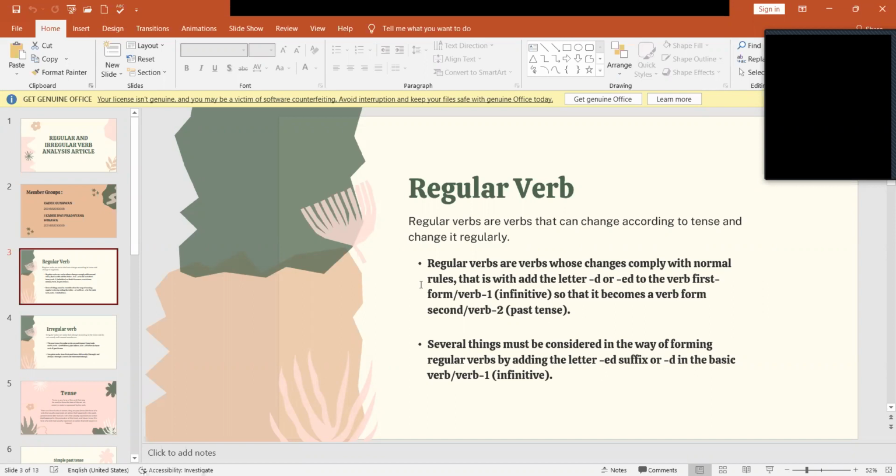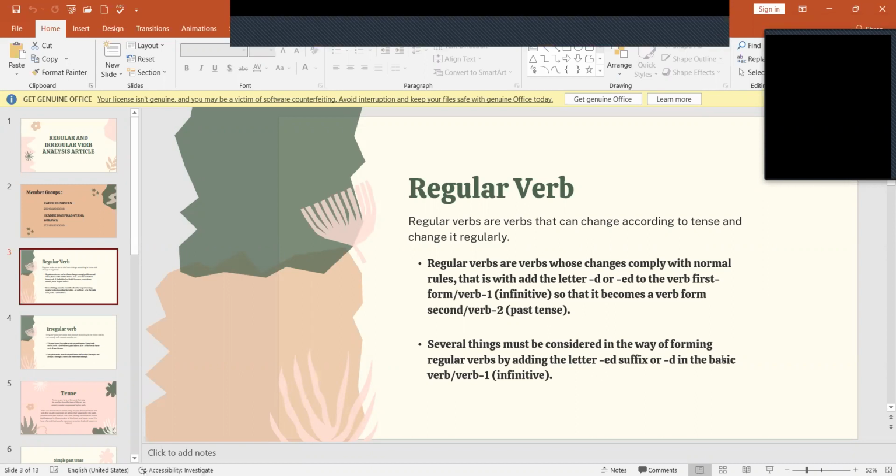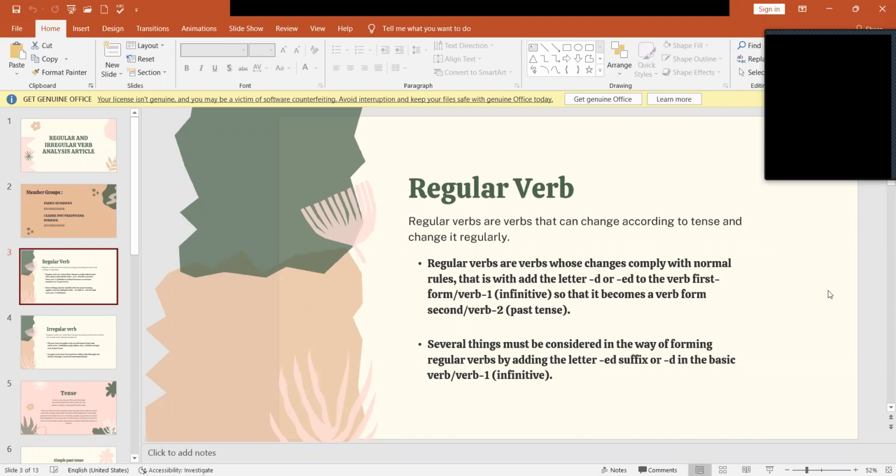Regular verb. Regular verbs are verbs that change according to tense, and change regularly. Regular verbs are verbs whose changes comply with normal rules, that is, by adding the letter D or ED to the verb first form, or verb one, the infinitive, so that it becomes the verb second form, or verb two, the past tense.